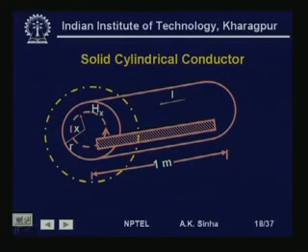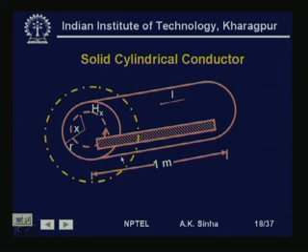So, let us take first a solid conductor. Here we have taken one conductor with a cross sectional area of radius r and 1 meter in length.